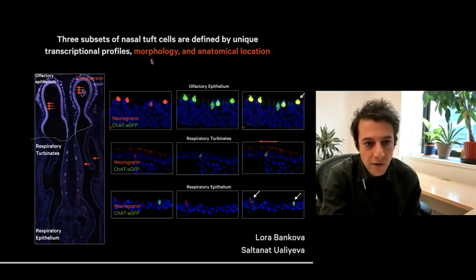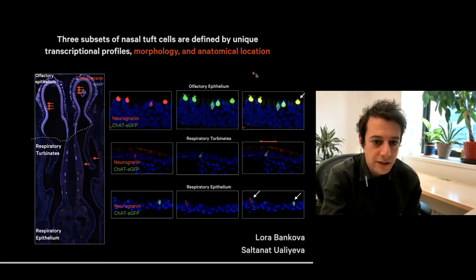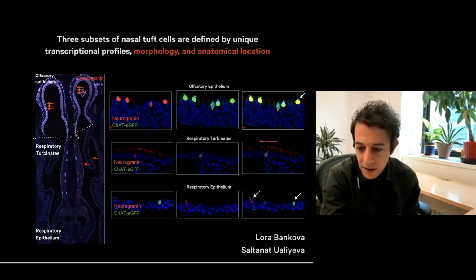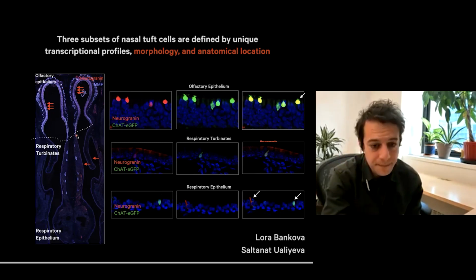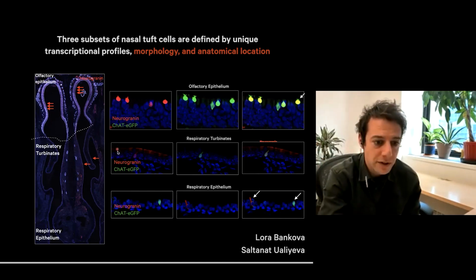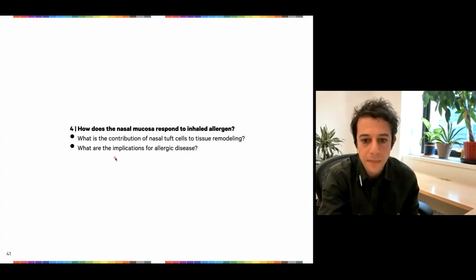So this is the morphological difference that I was talking about, and also differences in anatomical location. So these beautiful whole mount stains were done by Laura and her postdoc, Saltanat. And we can really see that these tuft cell subtypes have both morphological and anatomical differences in where they're found.